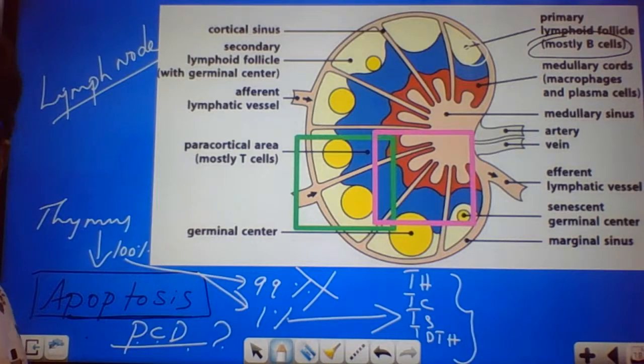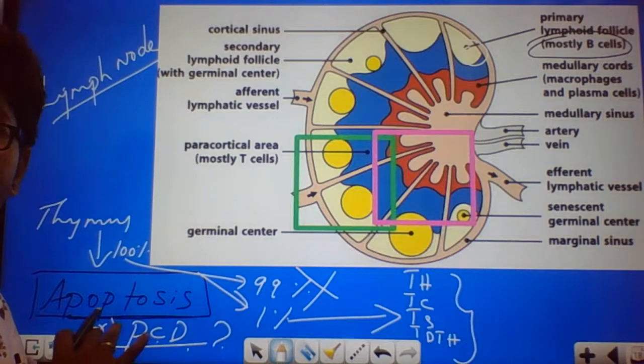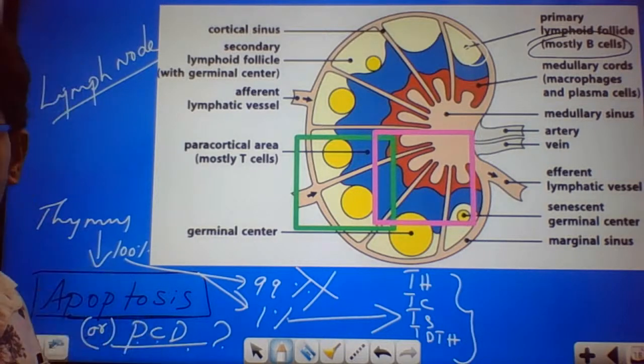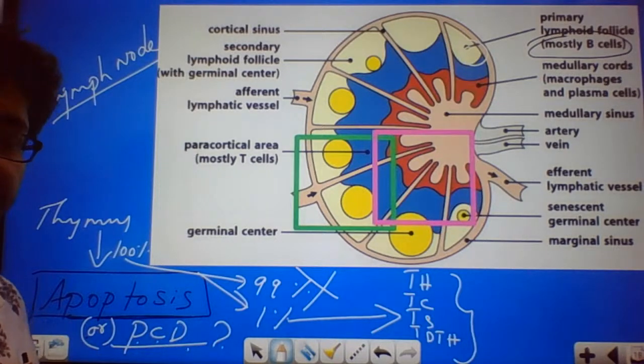Why does apoptosis or programmed cell death happen in the thymus? In the place where 100% of cells are produced, only 1% comes out for the immune function. The remaining 99% of the thymocytes are getting killed in the thymus itself. This process is called apoptosis or programmed cell death.